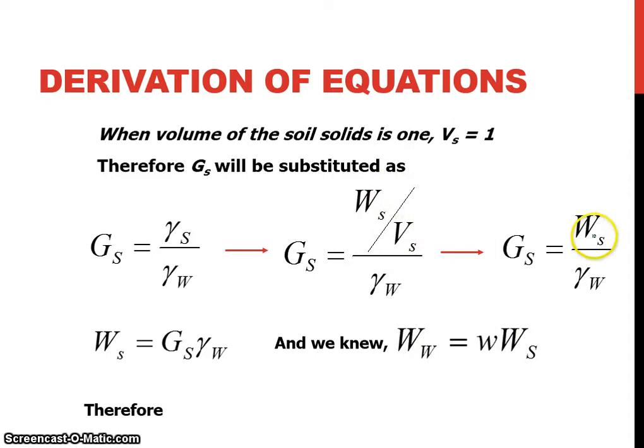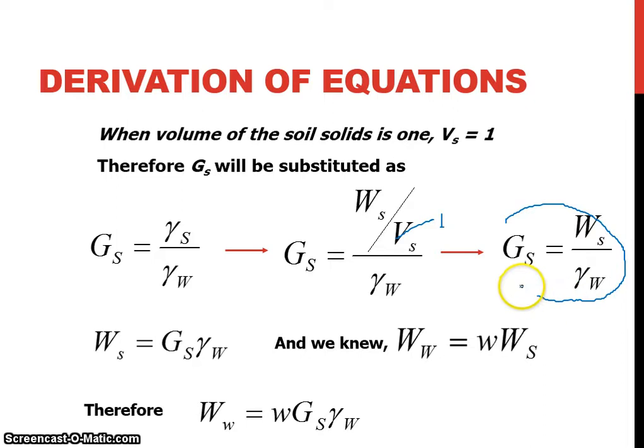So when Vs is 1, we get Ws equal to Gs times gamma water.